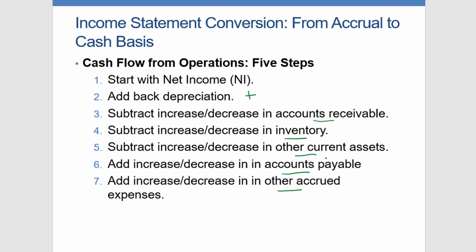That's because some of these accrual accounts aren't actually changing our cash flow position, and we're always worried about how much money we actually have. An increase in inventory, for example, looks like an increase in assets, which is a good thing, but we probably spent money to increase this inventory, so that's probably a decrease in actual cash. That's why we have to do all of these little adjustments along the way.